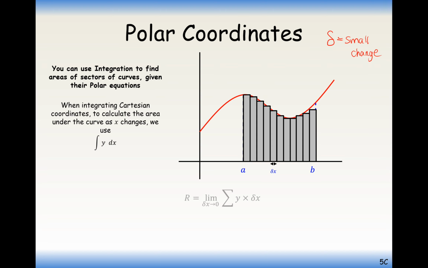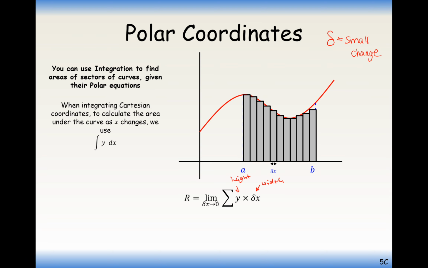What we're effectively doing is adding up the rectangles, each calculated by the small change in x times y. That would be the calculation for the area of the rectangle, width times height. This bit here is the width. This bit here is the height of the rectangle.